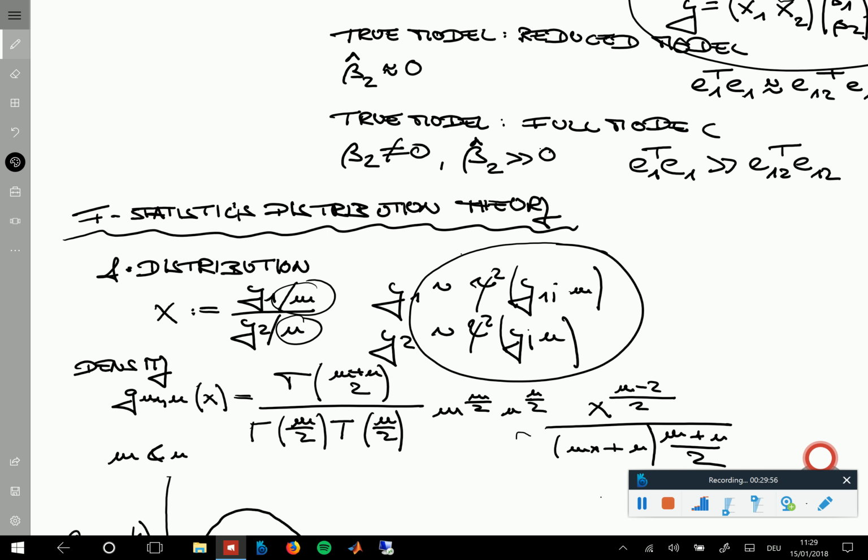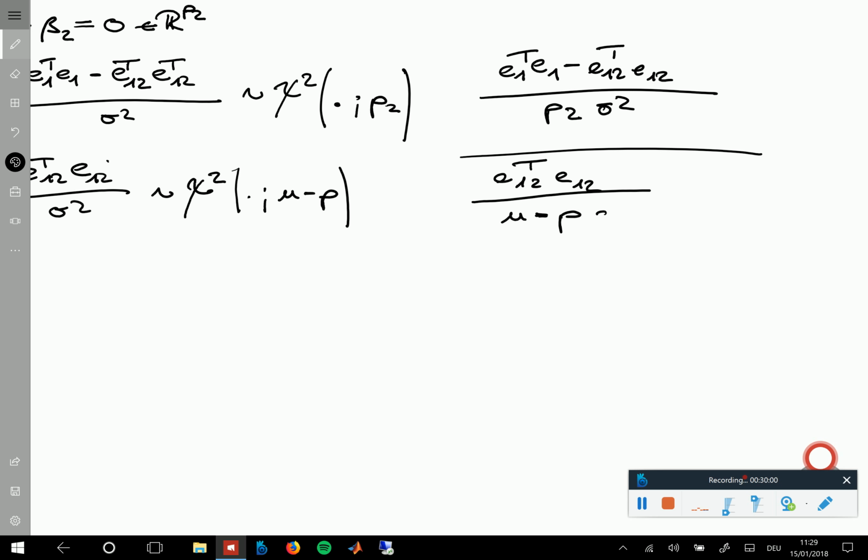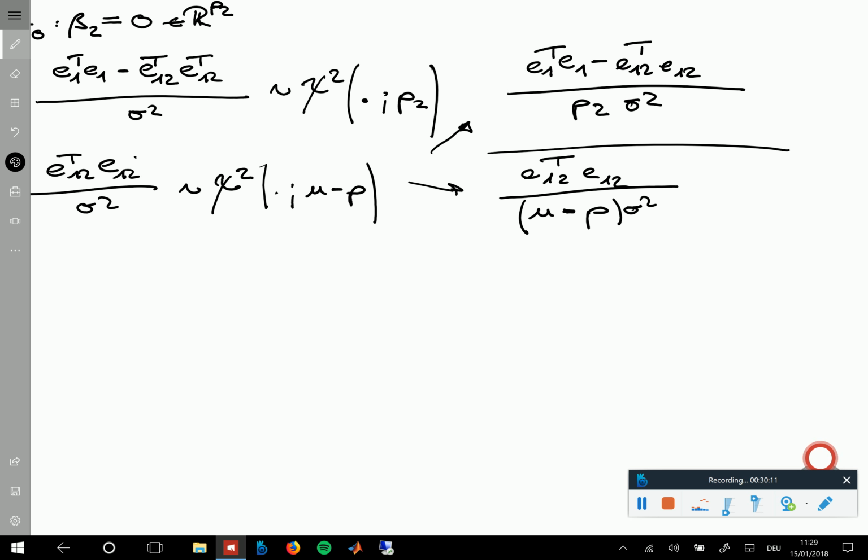Oh no, n minus p, sorry. n minus p, sigma square. And then we are back at our F statistic. So we have now divided these chi-squared random variables by their degrees of freedom, and then we divide one by the other to get our F statistic.